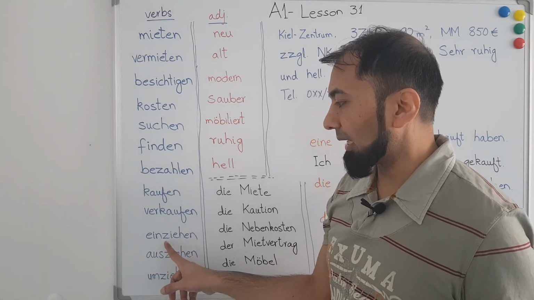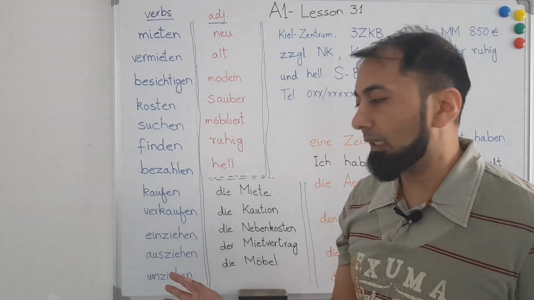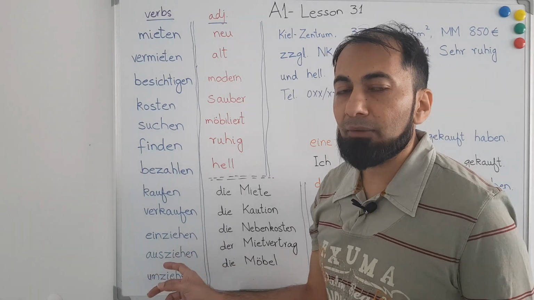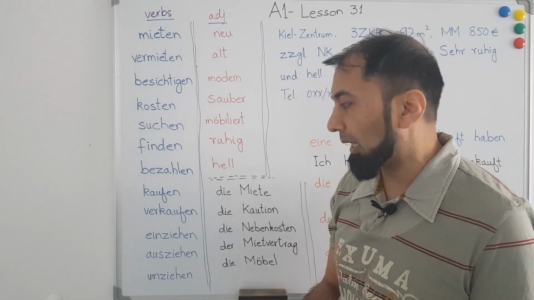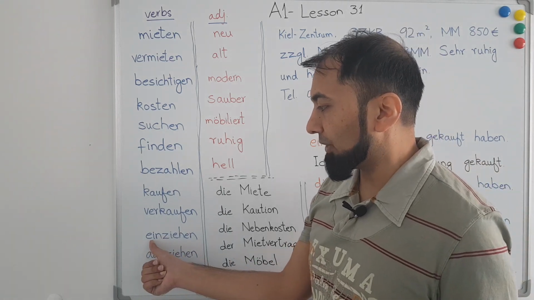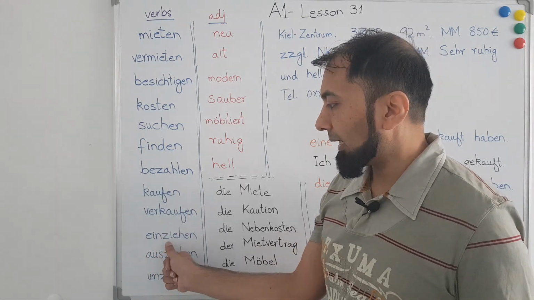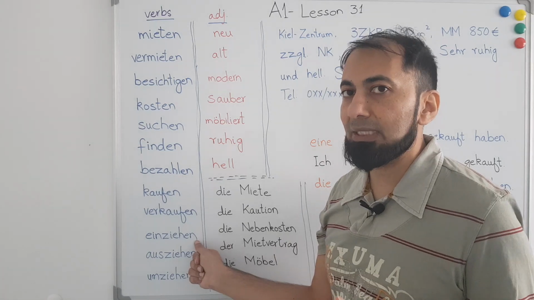Now this is a separable verb. We haven't covered it yet. We will cover this topic later on, but right now I can tell you that the separable verbs are those which we have to separate into two parts. The first part, which is usually a prefix, goes to the end of the sentence, and the main form of the verb is conjugated according to the subject.